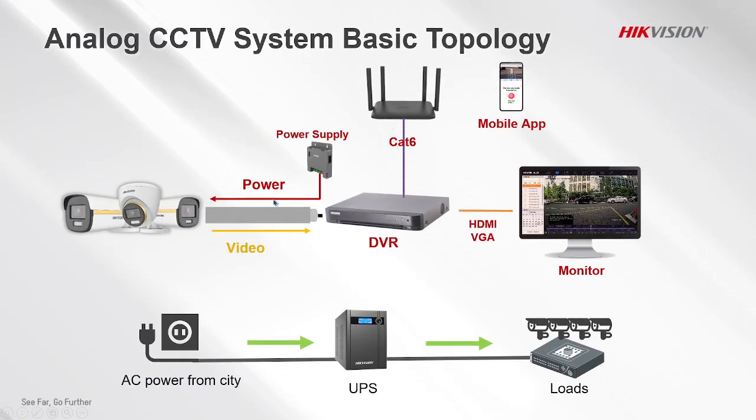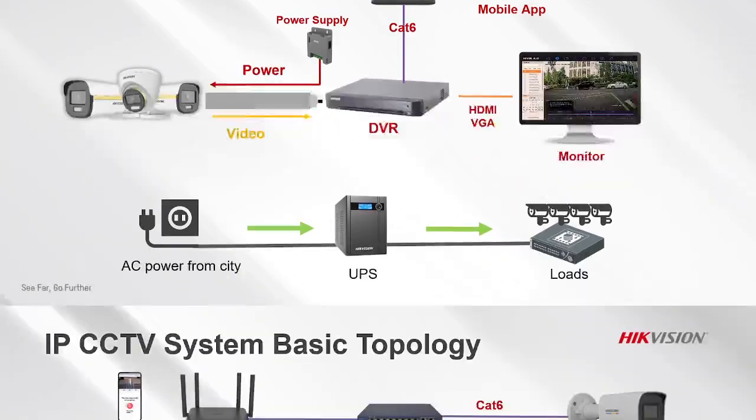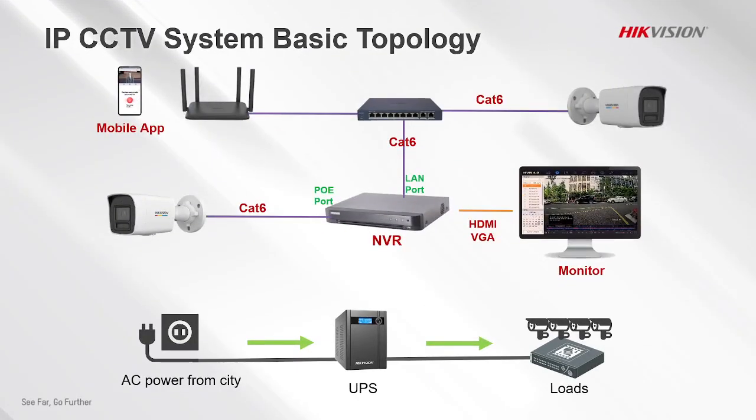In an analog system, the signal source is actually a coaxial cable, which means we are transmitting video on the cable. But in an IP system, we transmit data over the network. And that's one thing that will make analog really complex, because if the cabling is not good, the picture quality again goes down. So you have to make so many considerations before you can finalize on your solution.